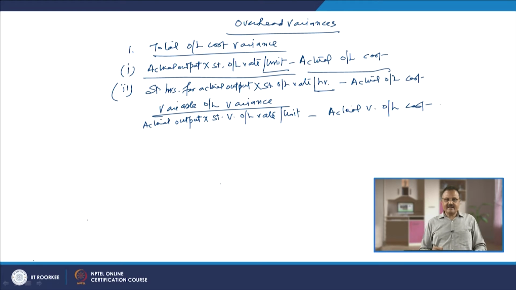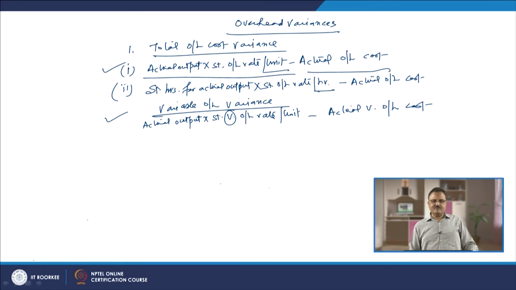What is the difference between this formula and the earlier one? Only the word variable has been added. The other formula is the same. Earlier it was actual output into standard overhead rate per unit, and now it is actual output into standard variable overhead rate per unit minus actual variable overheads.